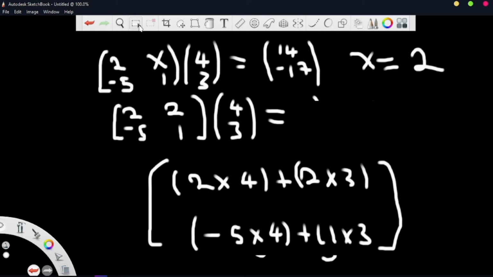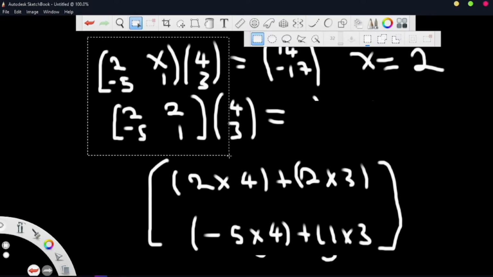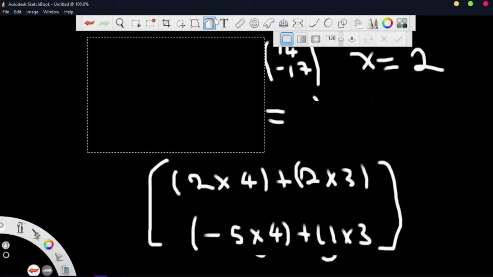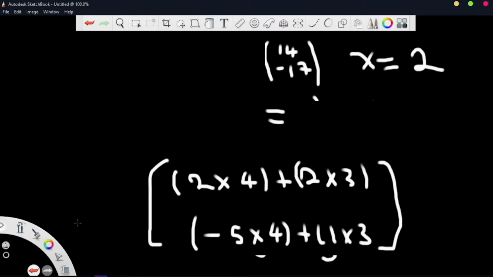So what do I get? Let me just remove this part, and then we get back. Notice that here I'm going to have 8 plus 6, and then here I'm going to have negative 20 and a positive 3.